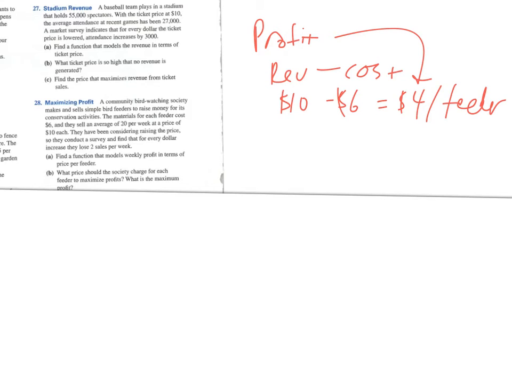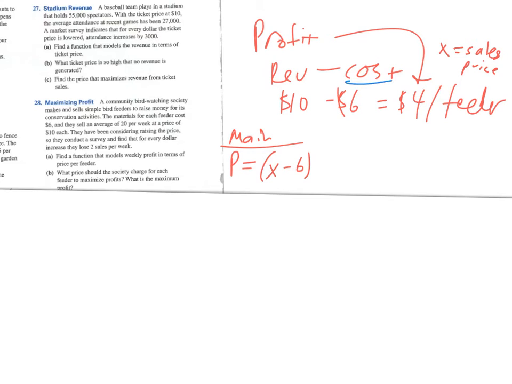But that is going to change as we go along here. So I'm going to make my main profit equation right here. So profit, I'm going to say, is equal to x minus 6, where I'm going to let x equal the sales price. And so right now that's $10, but that can change here.